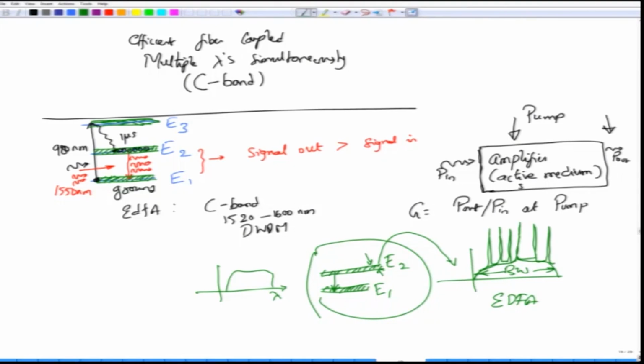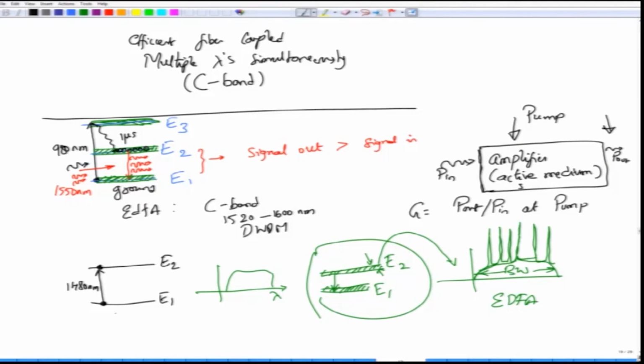So, this is how an erbium doped fiber would work, except that I would like to mention it is not just necessary to have a 980 nanometer pumping; it is possible to have another type of pumping. Here the pump goes at 1480 nanometer, which means you can take a 1480 nanometer laser and pump it, so that the atoms do not go to the energy level E3 and then decay, they directly go to the energy level E2.